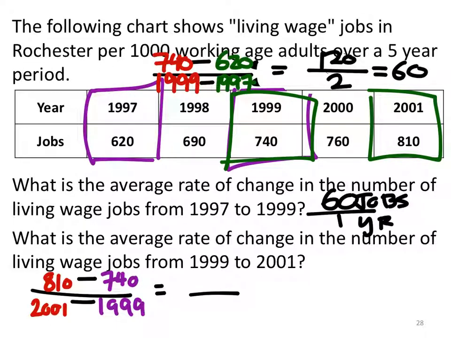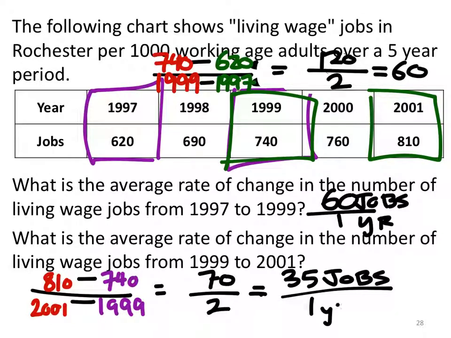So I'm just calculating this. Again, it's in jobs per year. 810 minus 740 is 70. And 2001 minus 1999 is 2. So it was 70 jobs in 2 years, which would simplify to be 35 jobs on average every 1 year. Now, whether that average is actually true or not is not important, just that we know that on average we would expect 35 jobs per year change.